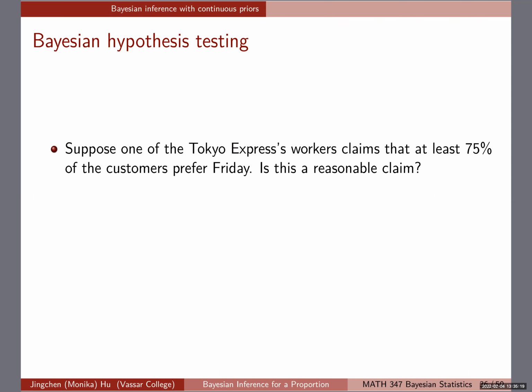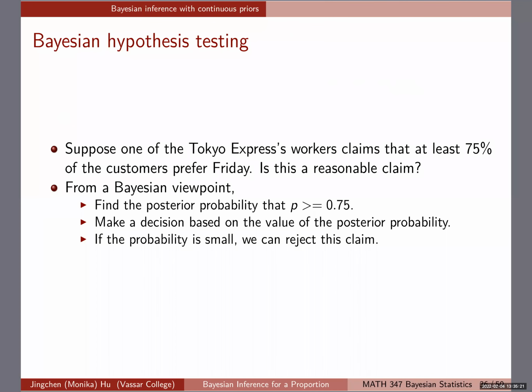So it's pretty much just finding the posterior probability of p greater than or equal to 75%. Then you can make a decision based on the value of the posterior probability. If it's high, you will support the claim. If it's not very high, then you're going to reject the claim.